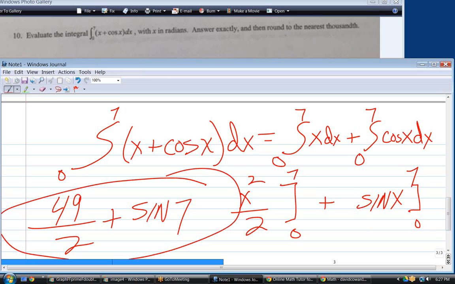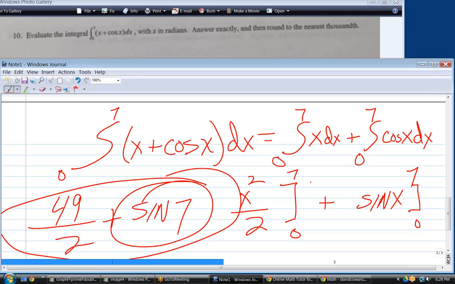Now, answer exactly and then round to the nearest thousandth. You just have to look that up in your calculator. Wait, I also have plus c, right? No, because this is a definite integral. You only have plus c when it's an indefinite integral. The reason is that the plus c's kind of cancel.